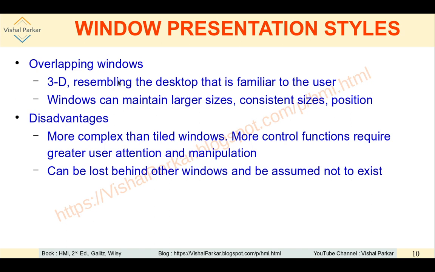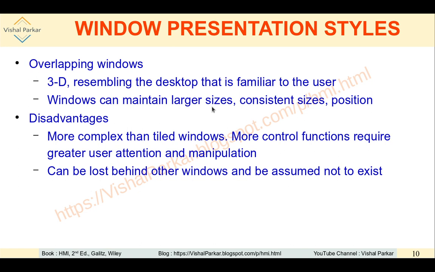So they are overlapping. So they appear to be in 3D. So they resemble the desktop that is familiar to the user. You are putting different notebooks one on top of the other. So that is how. Windows can maintain larger sizes here because they need not be tiled in the screen size.